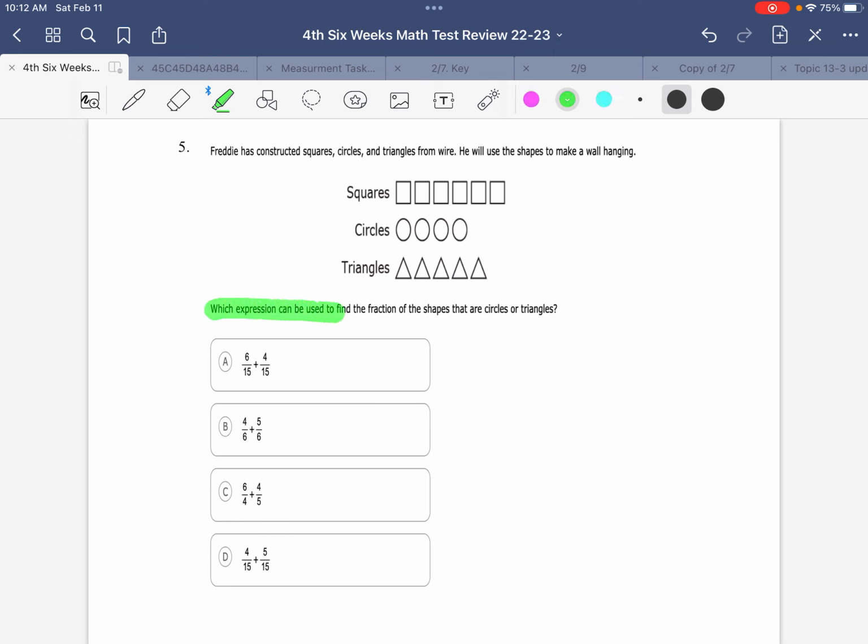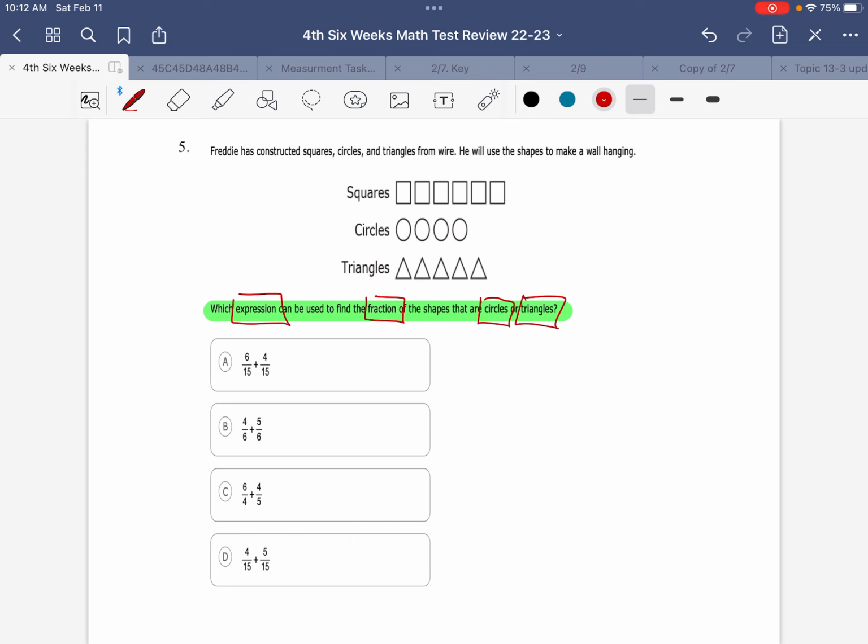Which expression can be used to find the fractions of the shapes that are circles or triangles? So I'm going to box in my keywords: expression, fraction, and circles and triangles. Okay. So it wants to know about circles and triangles.